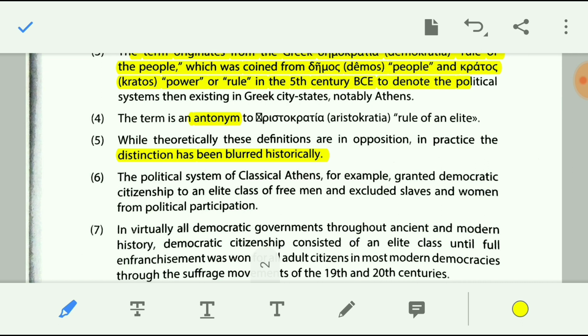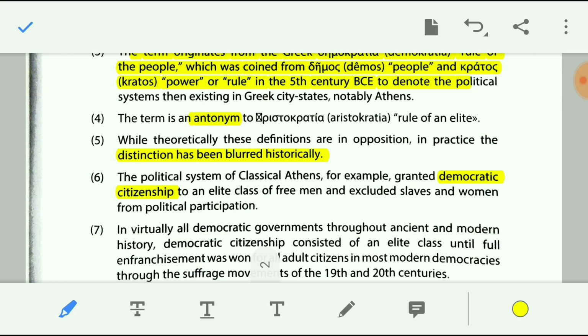And then for number 6, the political system of classical Athens, for example, granted democratic citizenship to an elite class of free men and excluded slaves and women from political participation. Here, you understand what democracy is by making use of, or in reference to, democratic citizenship.